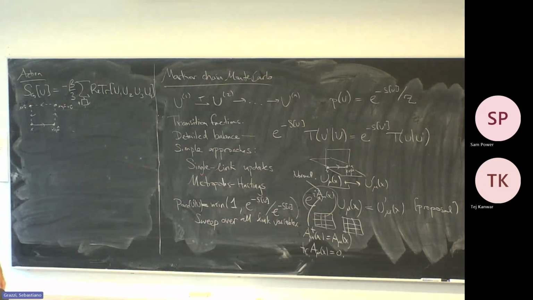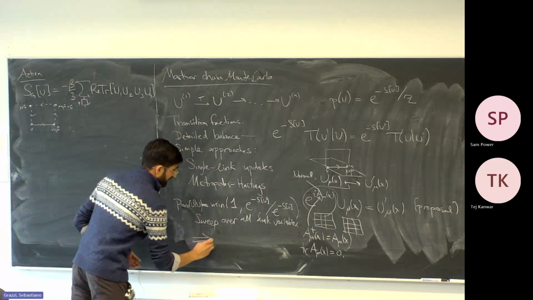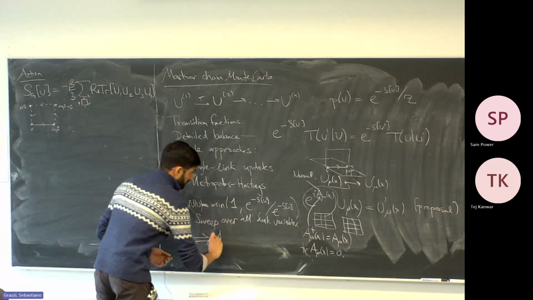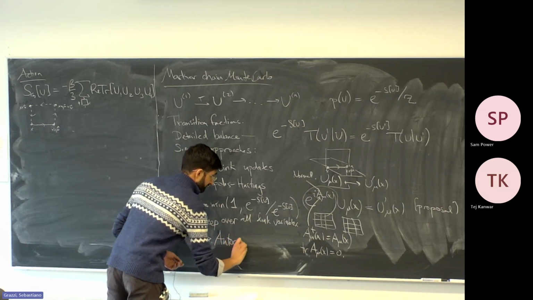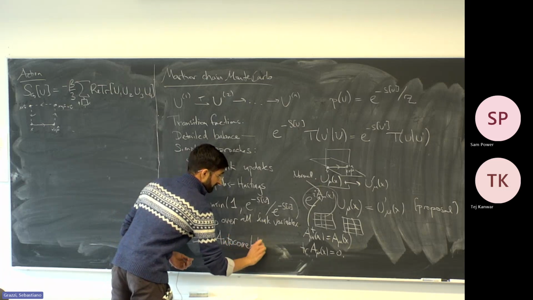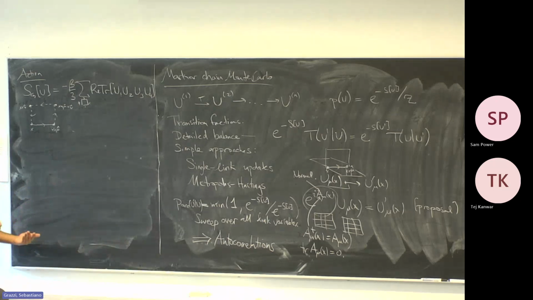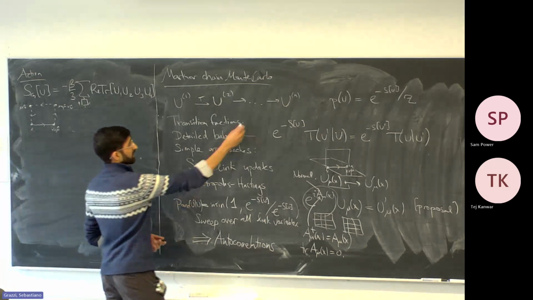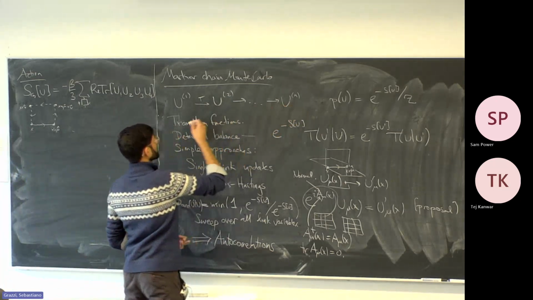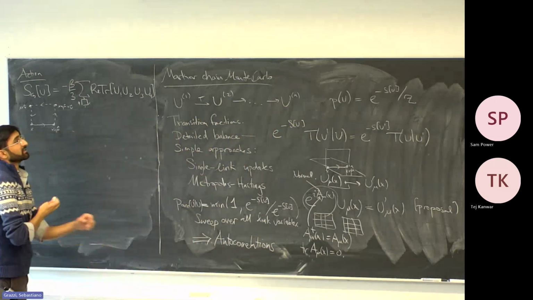And so in general, one expects this to have fairly severe autocorrelations, meaning that you need to take many steps of updating before you have an essentially decorrelated sample from your Markov chain.